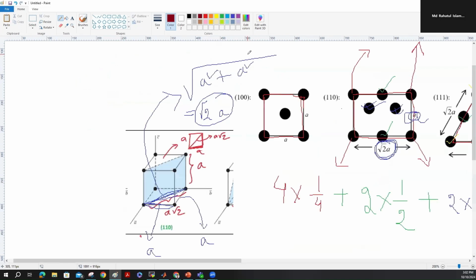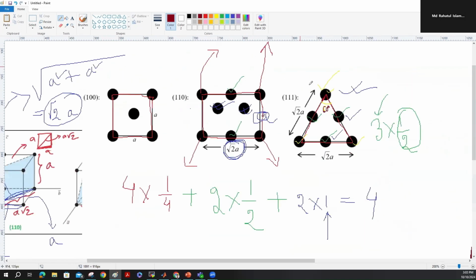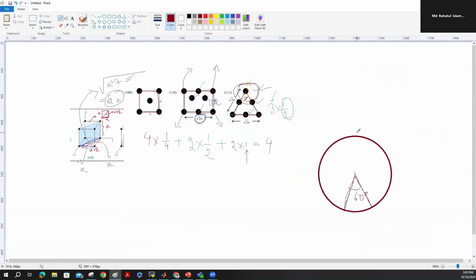Look at this atom. I have just drawn it bigger to better understand. So you are getting this portion from the atom, and this is 60 degrees, and you know that the whole thing is 360 degrees.